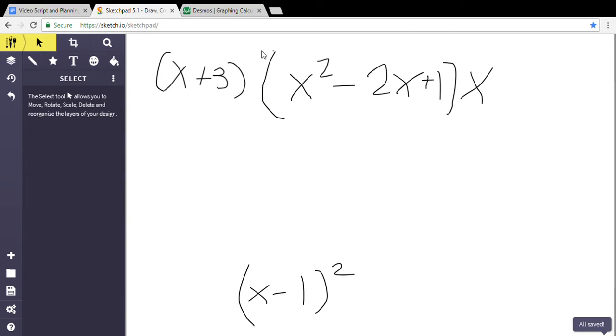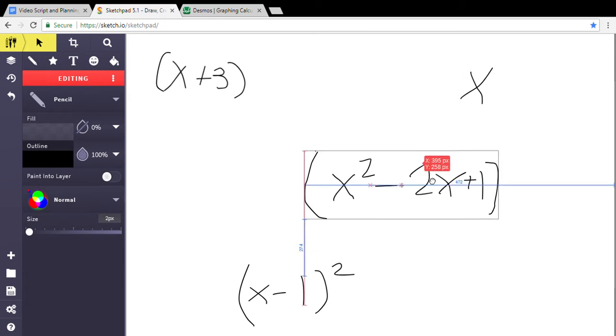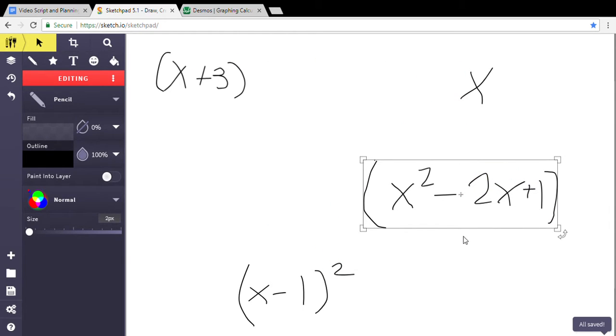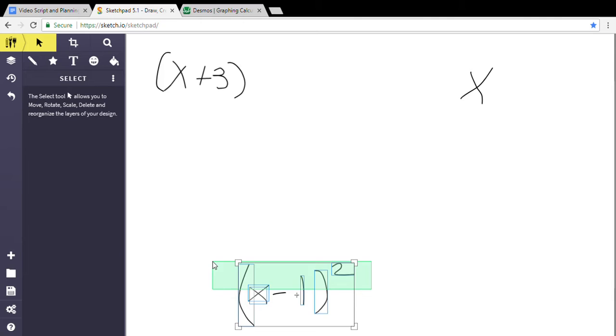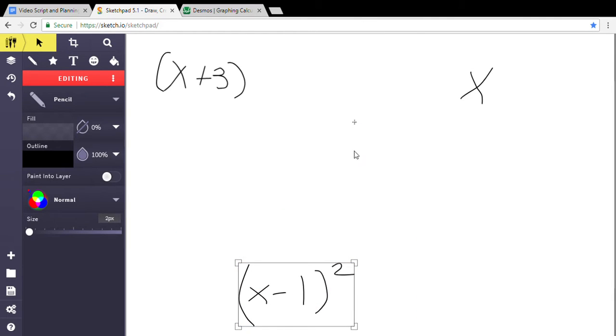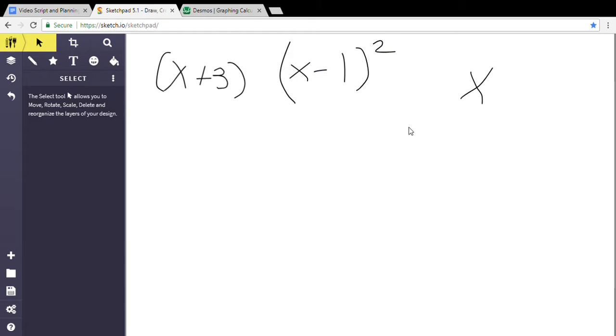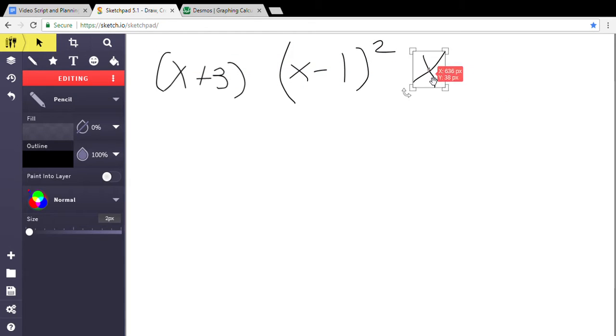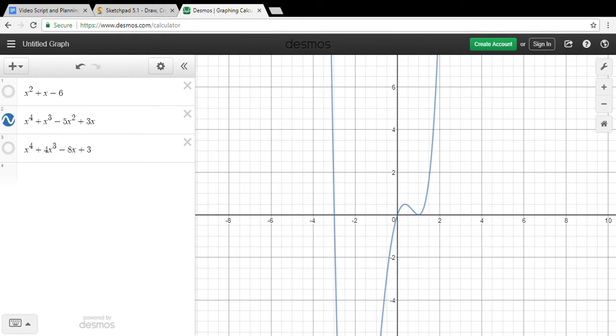So with graphs, you can't really determine the multiplicity. So it's not always the best to use a graph to find your factors. However, there is a neat little rule for multiplicity that isn't really pertaining to anything for finding the zeros, but the multiplicity can sort of be determined.